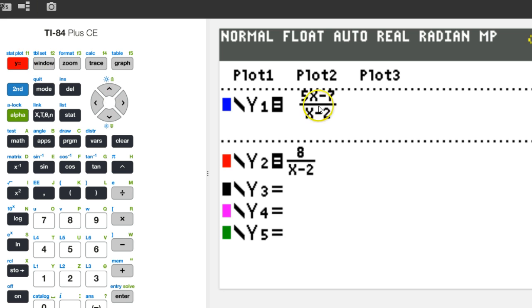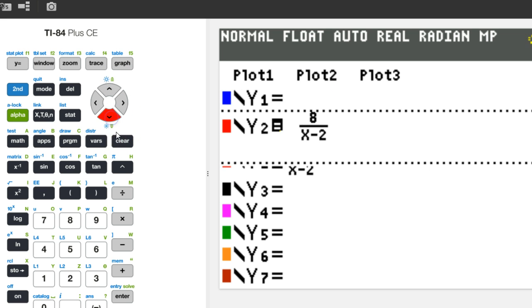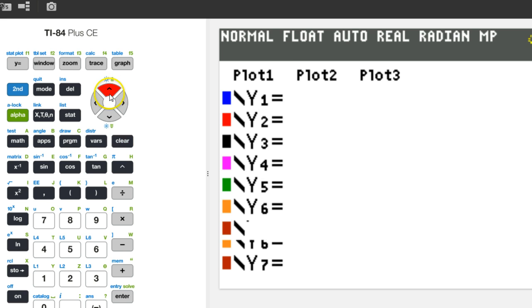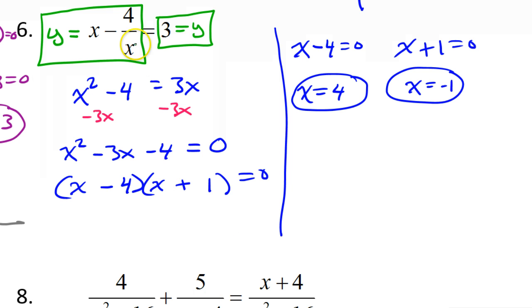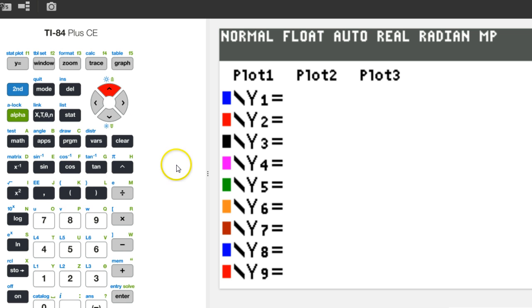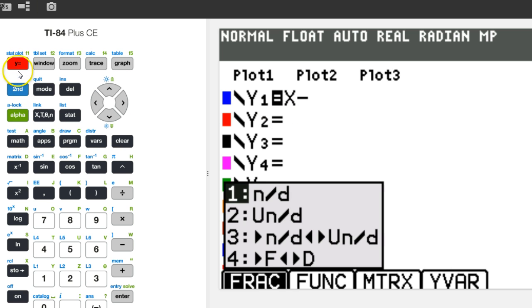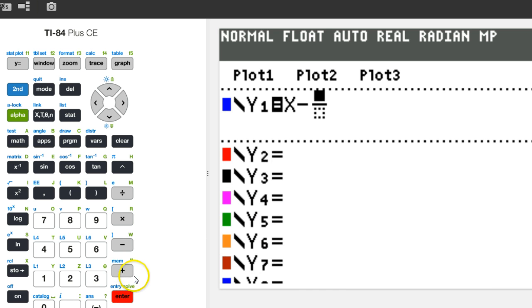I hit y equals to get to where the equations are. I'm going to just hit clear to wipe out whatever's in there. Alright, so my first equation, x minus 4 over x. So x minus, to go into fraction mode on a graphing calculator, you hit alpha y equals. Option 1 is fraction mode, so I'll just hit enter.